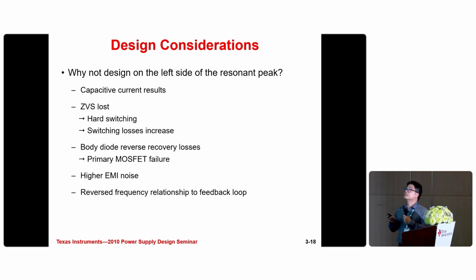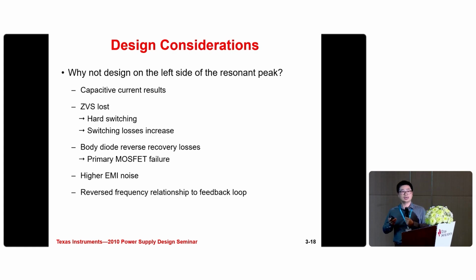And in previous slides, we keep saying that we should make the LLC converter work at the right side of the resonant peak, but why? Why not on the left side? This is because if the LLC works at the left side, it will go into capacitive current mode.